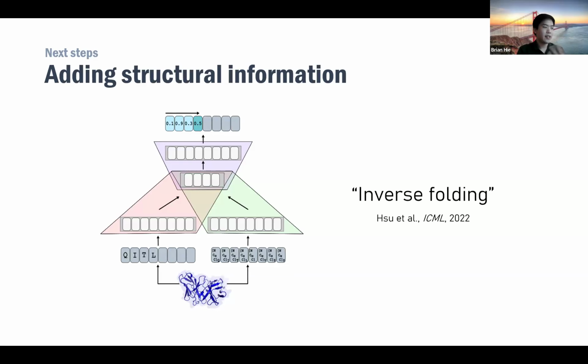This is often referred to as an inverse folding model because it's the reverse of the protein folding or structure prediction problem, where we provide the model with a full set of backbone coordinates, and then we ask it to generate a sequence that will fold into or be compatible with that set of backbone coordinates.